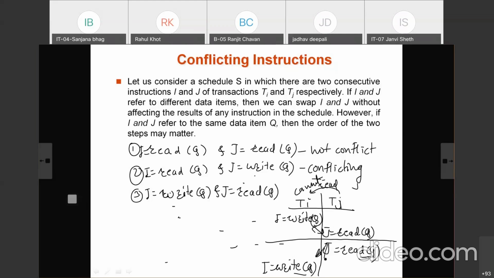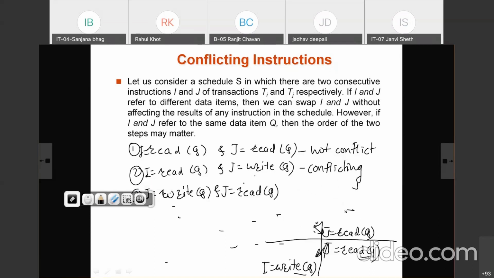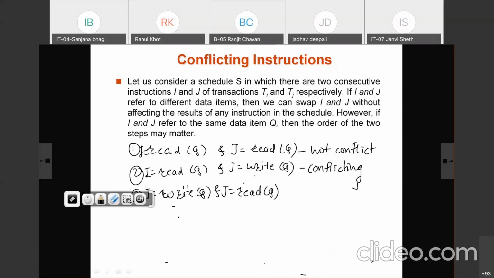We cannot swap these instructions, and that's why they are known as conflicting instructions. So in this case, these two also conflict with each other.